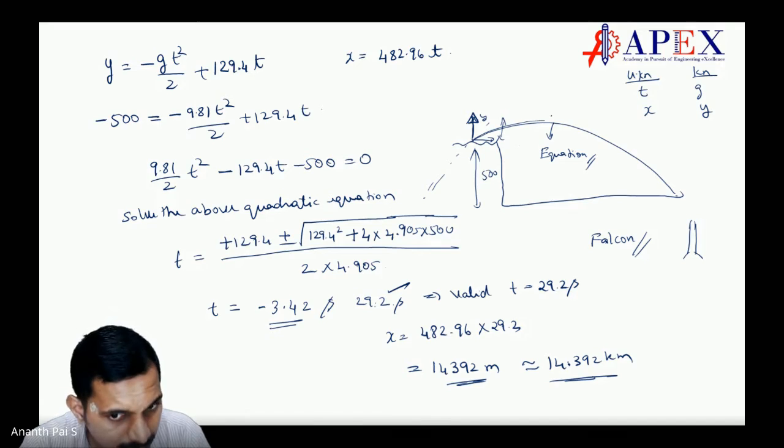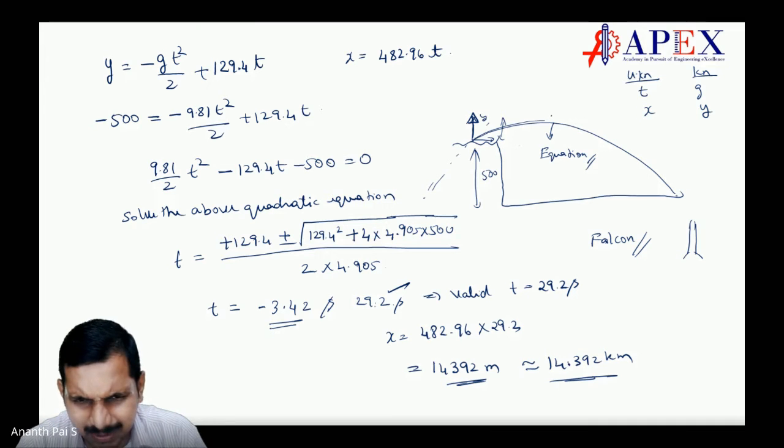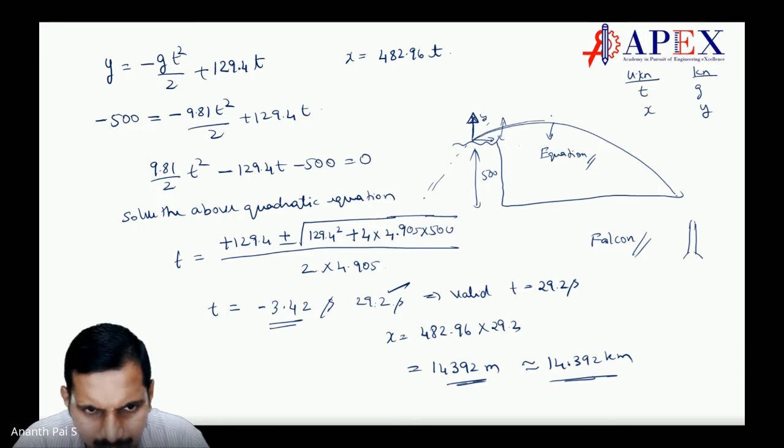So here the time will be 29.92. I got 30.42, sir. There might be some mistakes. Just see, when everybody has got 29.2, 30.4 is a bit different.